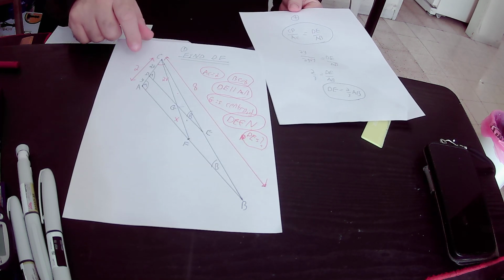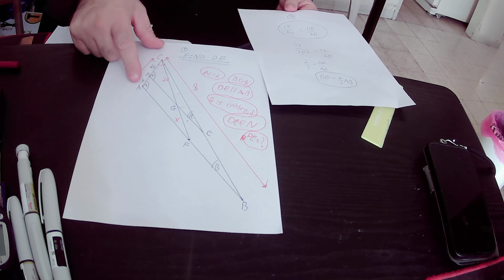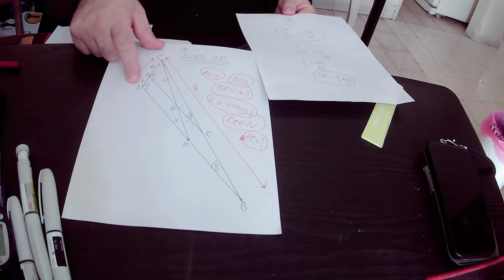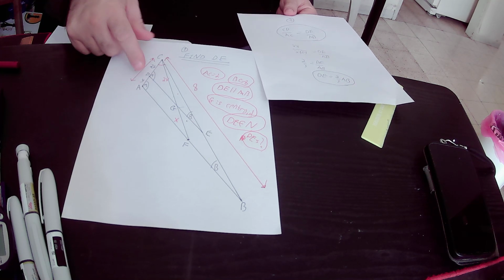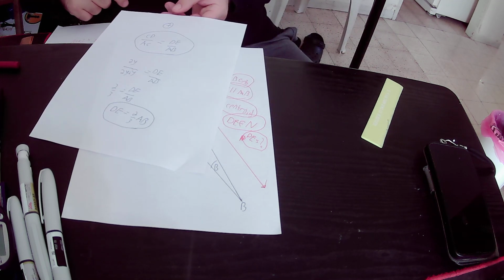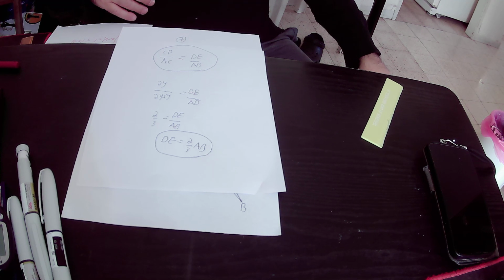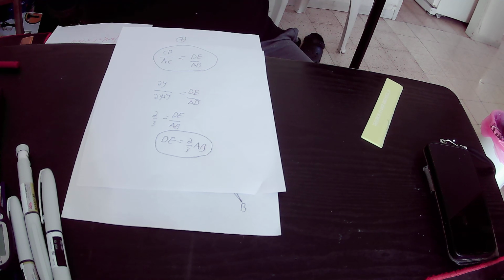Again, CD in the small triangle over AC, the side of the big triangle, will be equal to DE over AB. This is according to the rule that if you have two triangles that are similar to each other, then the following relationship exists between their sides: CD over AC equals DE over AB.